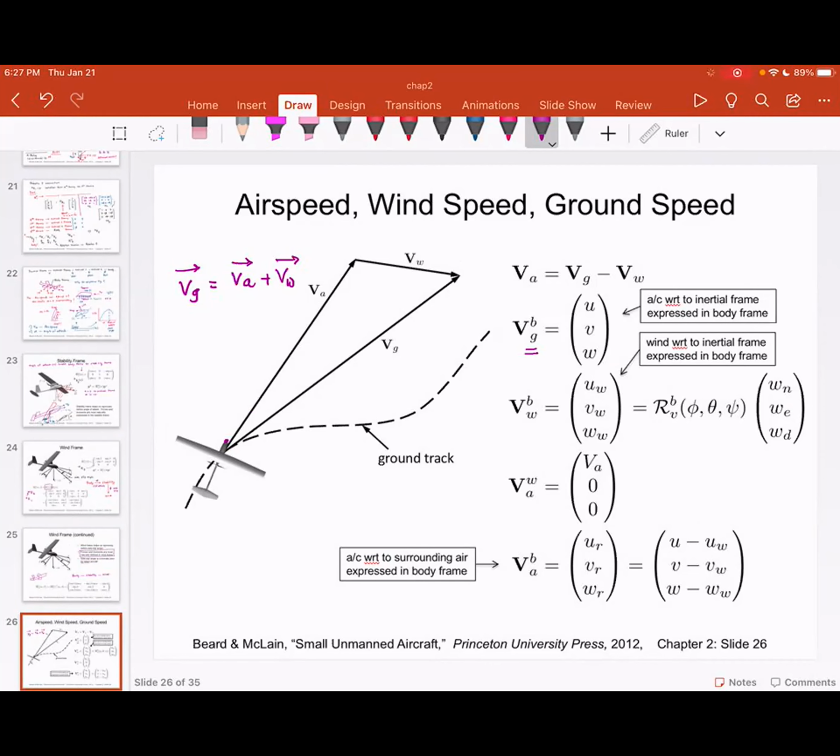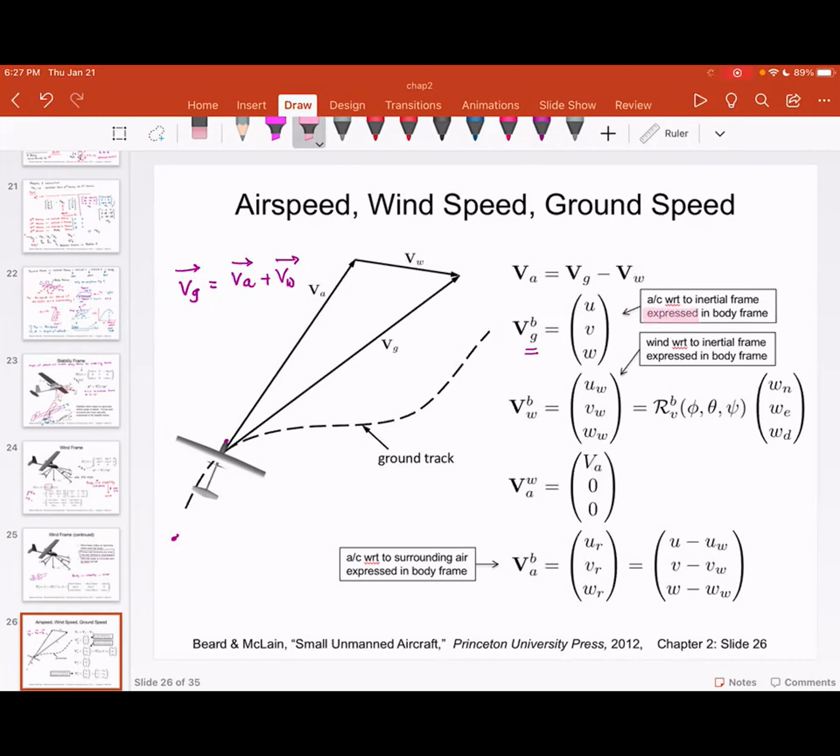For example, you have a north-east-down inertial frame, and the ground speed is actually defined with respect to the inertial frame. But for the purposes of solving and simulation, this ground speed, which is in the inertial frame, is expressed in the body frame. This is very important.